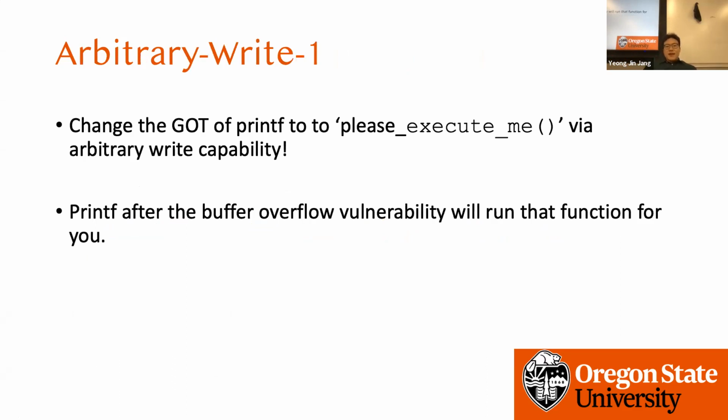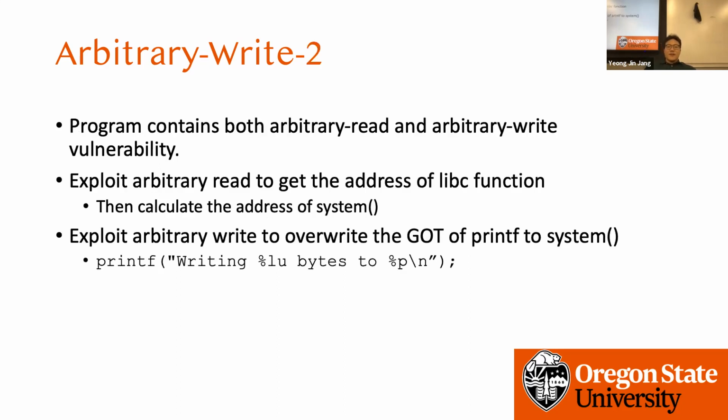For arbitrary write 1, AW1, you need to change the GOT entry of printf and overwrite it to execute the execute me function. The execute me function will grant you the privilege and run the shell. For arbitrary write 2, the program contains both arbitrary read and write.